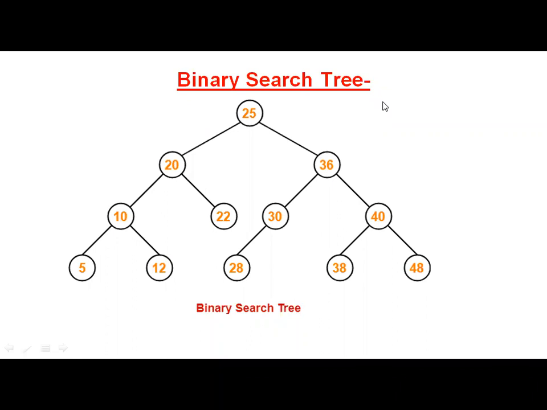So this is the observation you can make. In a binary search tree, if you traverse in order, then the nodes will be in sorted order, in ascending order. This technique you can use in examination sometimes. He gives you a tree and people won't observe whether it is a binary search tree or not.